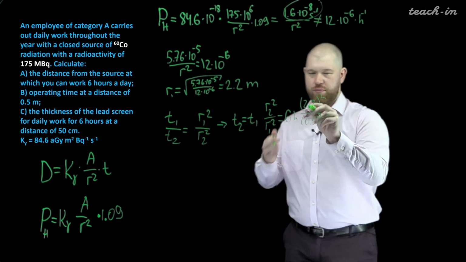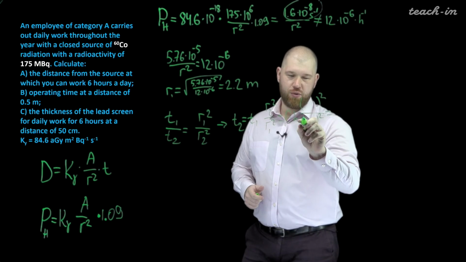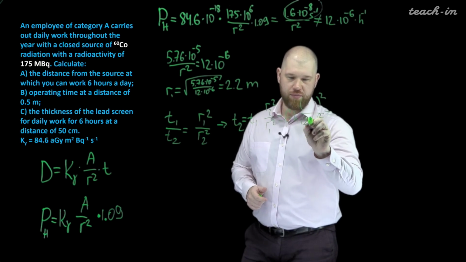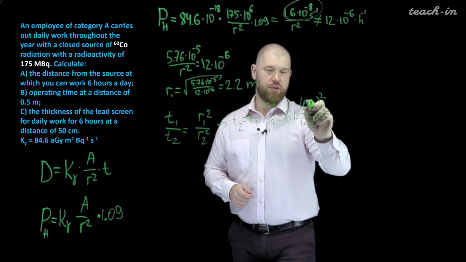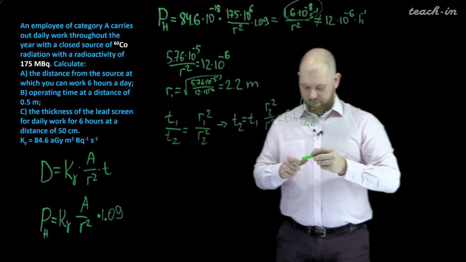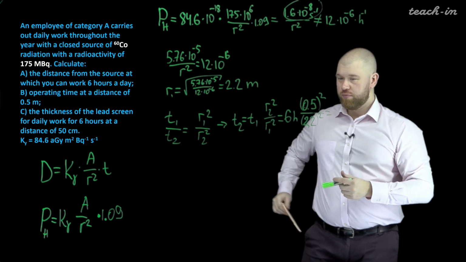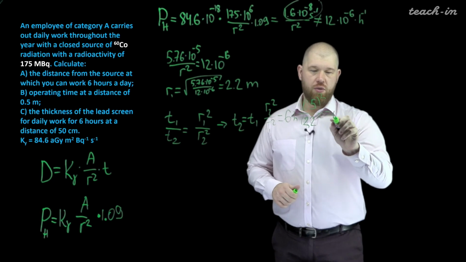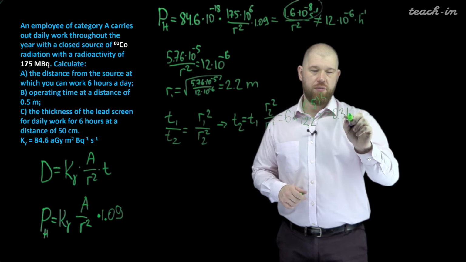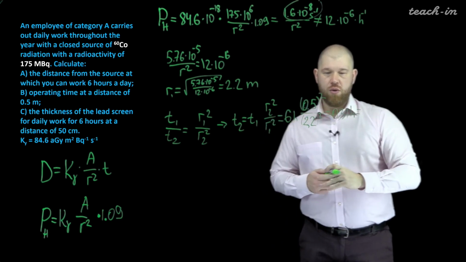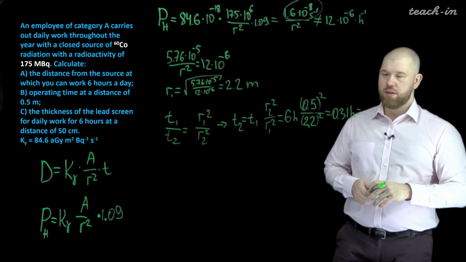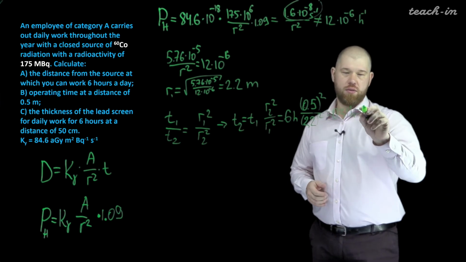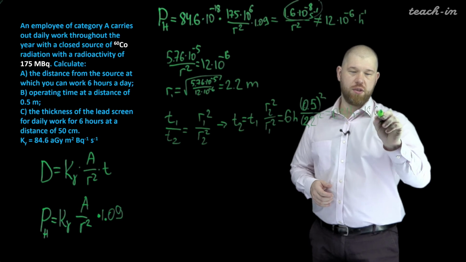Oh, sorry, R1 is 2.2, and R2 is 0.5. So it will be only 0.31 hours, or if we multiply it by 60, it will be 18.6 minutes.